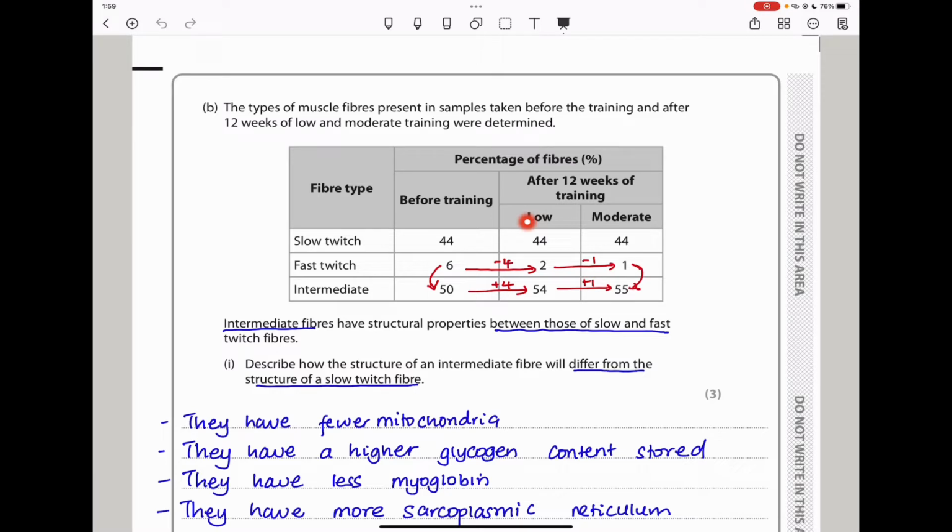Whether you use low training or moderate training, they're almost exactly the same. The percentage does not change, yet fast twitch fibers are slowly converted into intermediate fibers because there is a decrease here and an increase of the same intensity. Also here we see 2 to 1, 54 to 55, we see there is the same thing. So with increase in intensity of exercise, fast twitch are converted into intermediate.